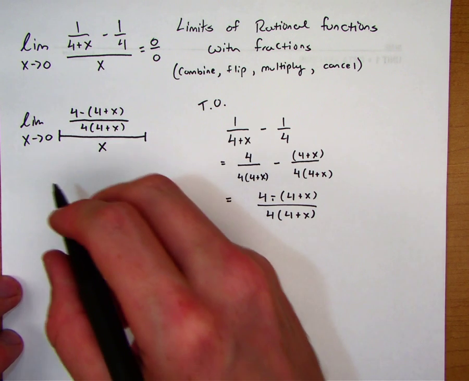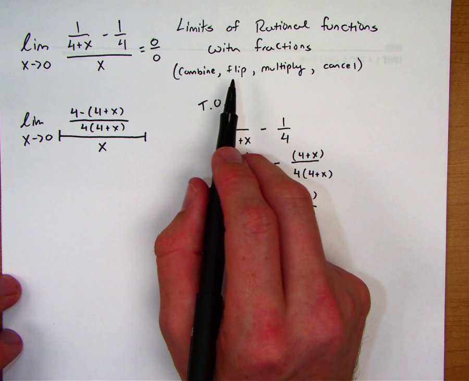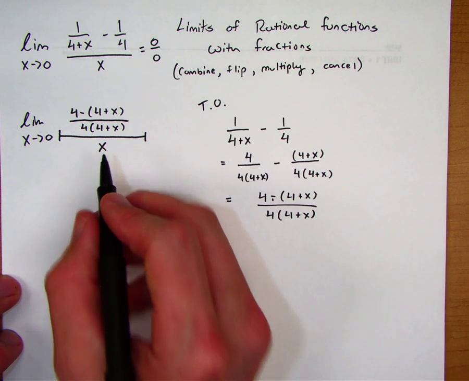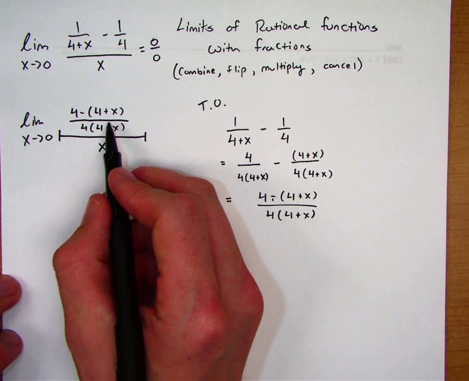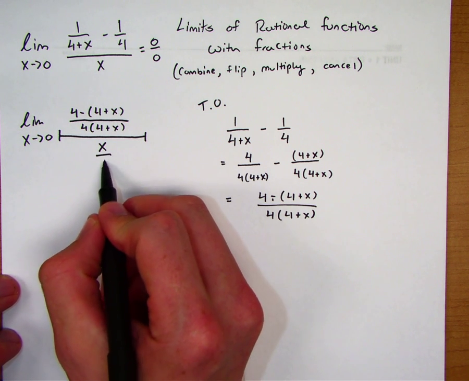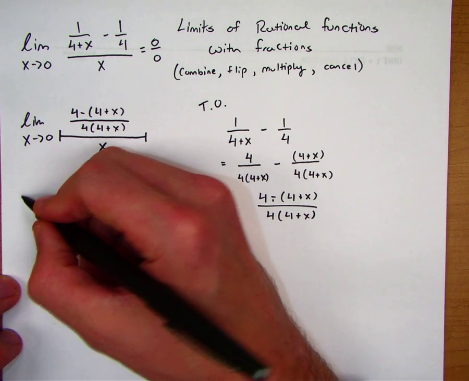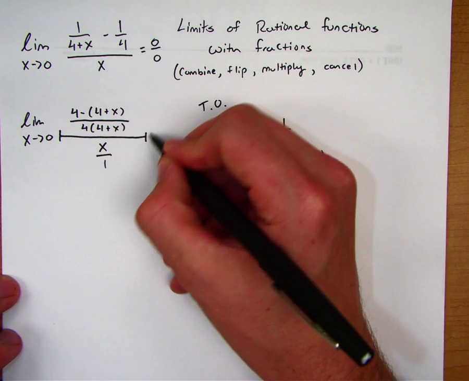So let's go ahead and we did the combine, and so now we're going to flip. Now the keep change flip thing is something that you studied for a long time, and that's when you have a fraction divided by a fraction. Well, we don't really see a fraction down here, but if we just go ahead and put that over 1, now we see the fraction. So what we're going to do is flip the denominator and multiply.